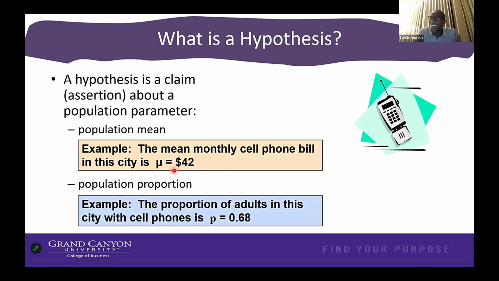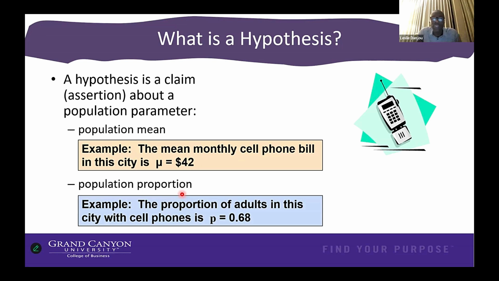Yeah or nah? Whether yours is yes or no, we still have to test it. So the claim is that the mean, the average monthly cell phone bill, is $42. Right now, I think it's probably even less because a lot of companies are trying to do stuff for like $25. But times are changing.